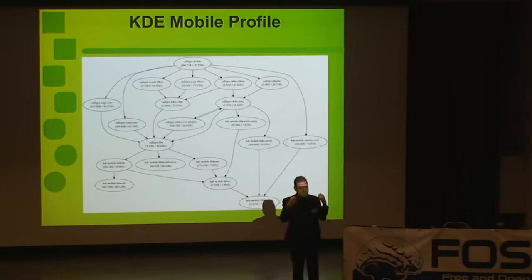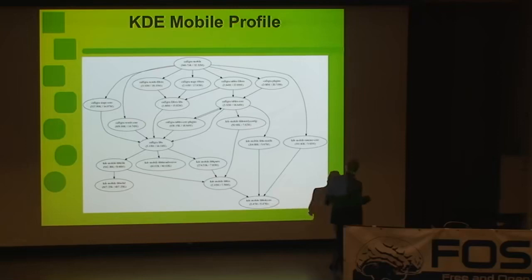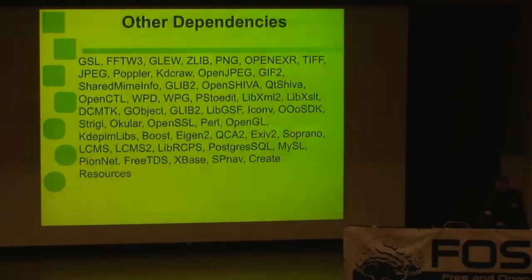If you use a document in calligra, an Office document, then you have a K-part. And some other stuff like Solid for hardware recognition, KCM utils for settings, notifications, mainly for the spreadsheet module.